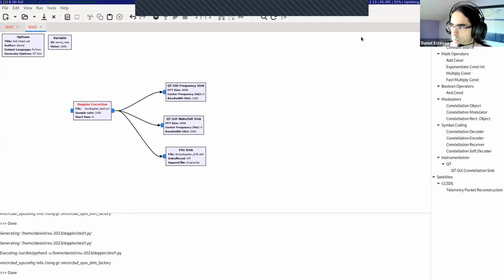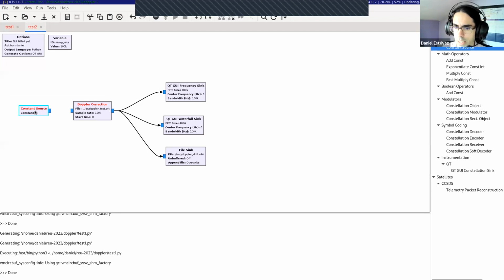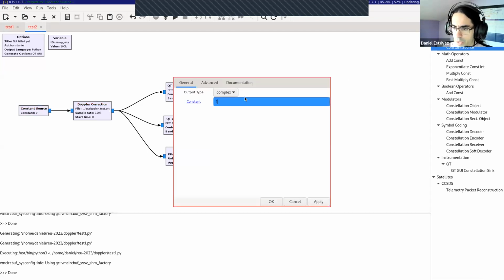So if I set here a constant signal, which is 1, and the reason I'm making this 1 is because 1 represents a signal of amplitude 1 and frequency 0. A signal with a frequency of 0 is just a constant. And once I have a constant, the thing I need to choose is the phase, and I don't care so much about the phase.